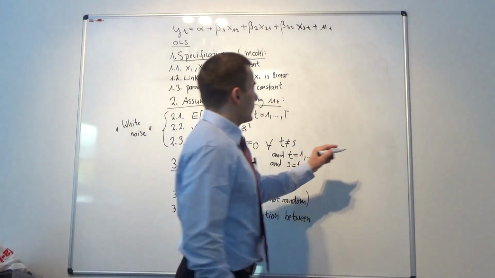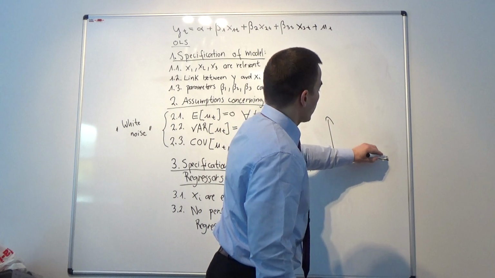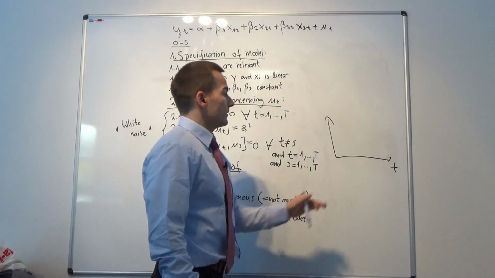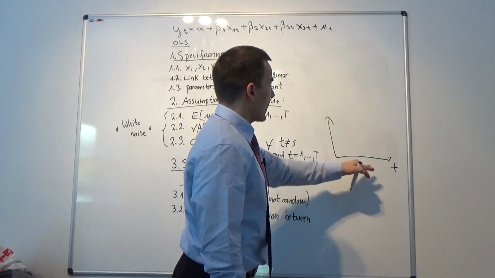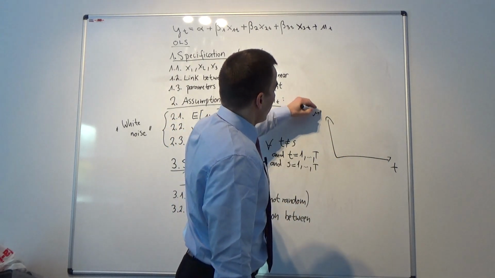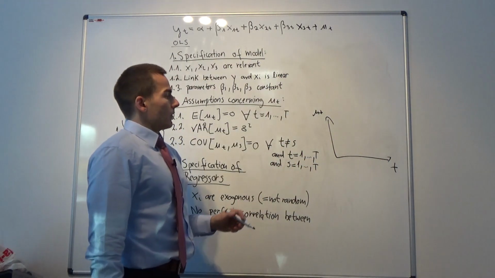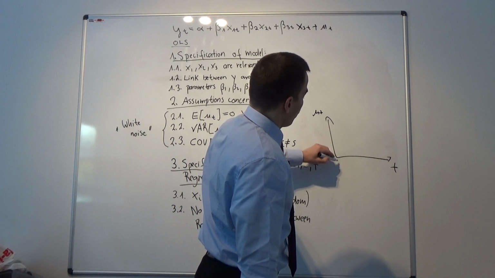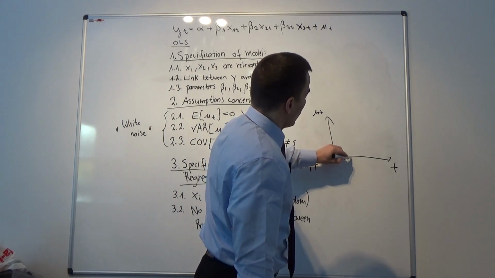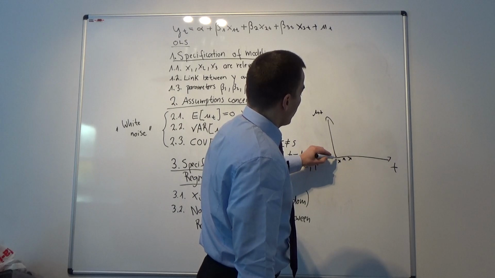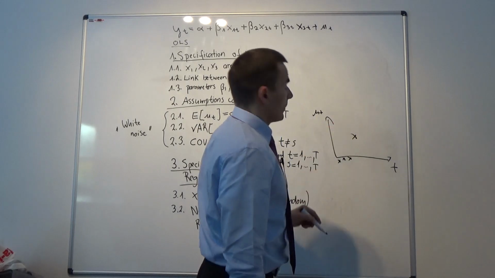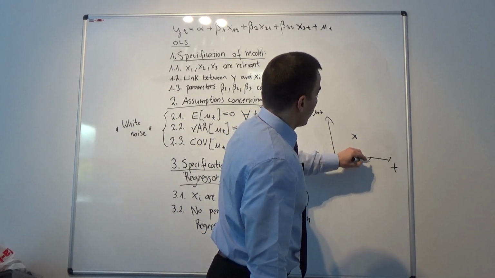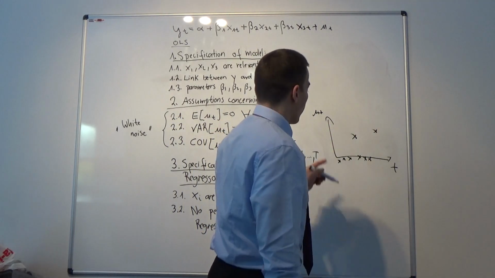So this would be violated, obviously. How could it look if this is not fulfilled? Let's again plot on the x-axis the t dimension, and here we have our error terms. Let's say we have here 3 observations, and then all of a sudden an observation that is somewhere here, and then again some observations, and then the 4th observation again.